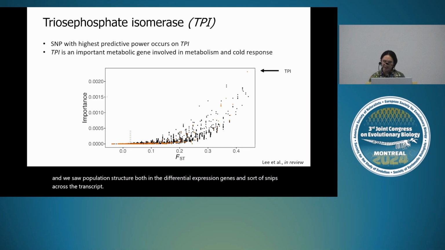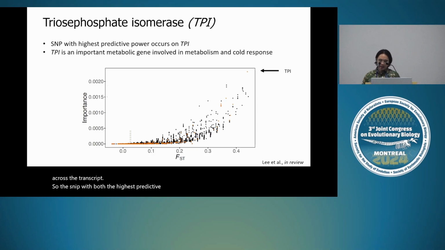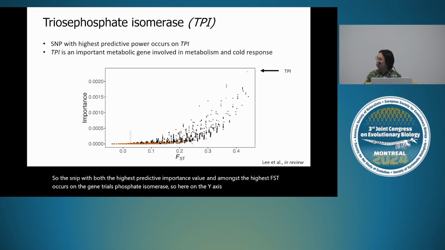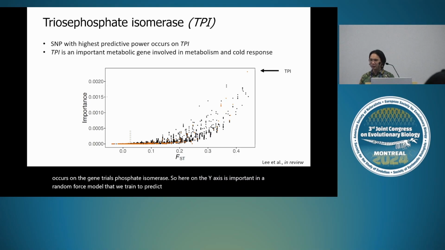The SNP with both the highest predictive importance value and among the highest FST occurs on the gene triosephosphate isomerase. On the y-axis is importance in a random forest model that we trained to predict the site of origin for a sample, and the x-axis is pairwise FST between the expanded and historical range.